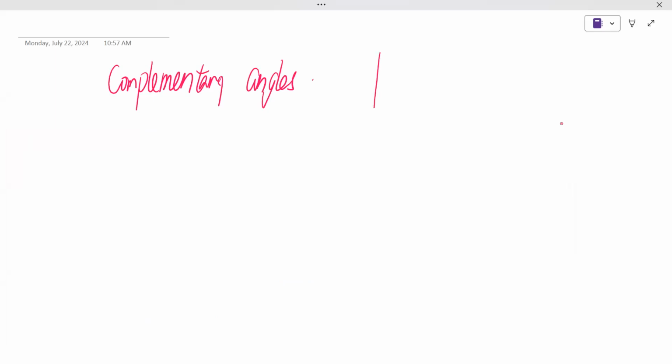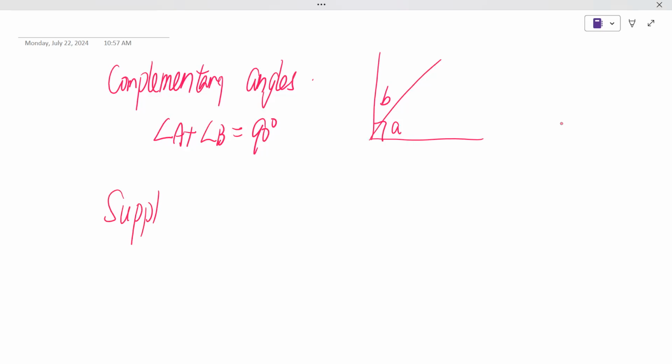So basically, for a complementary angle, the combined total will be 90 degrees. Let's say this is angle A, and this is angle B. So for complementary angles, angle A plus angle B will be equal to 90 degrees. For supplementary angles, that will be 180 degrees.